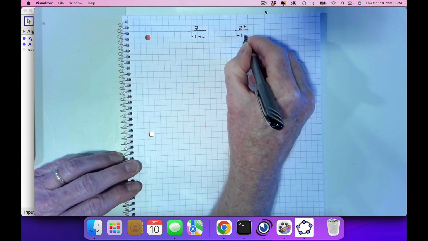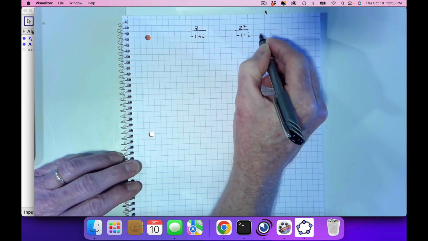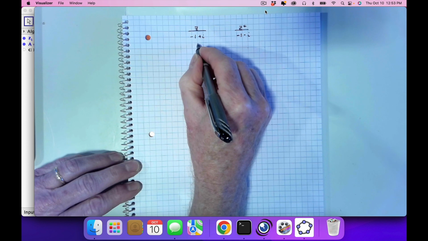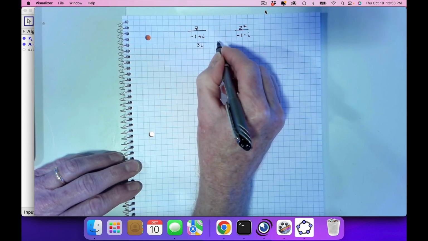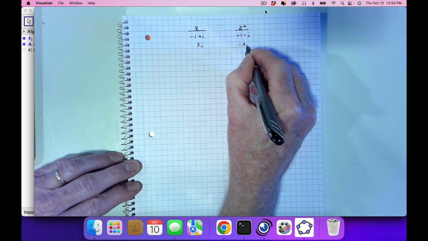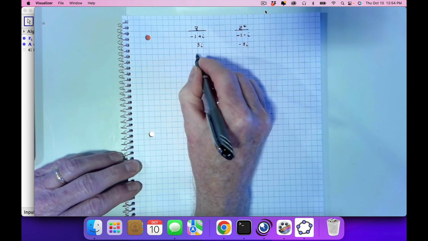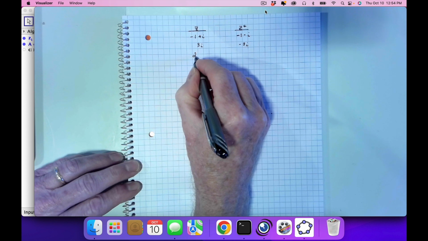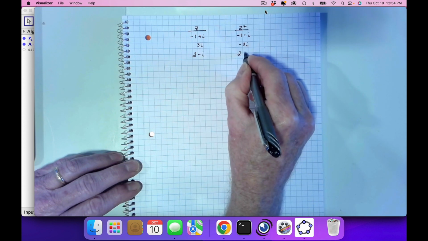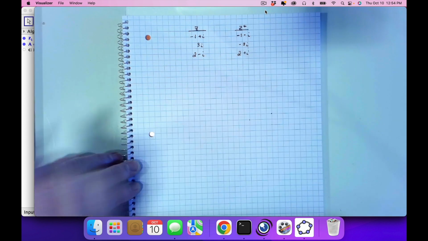So that's -1 minus i. If you have a pure imaginary number like 3i, the complex conjugate is -3i. And of course, if you have 2 minus i, the complex conjugate would be 2 plus i.